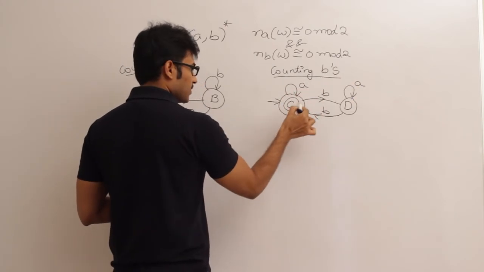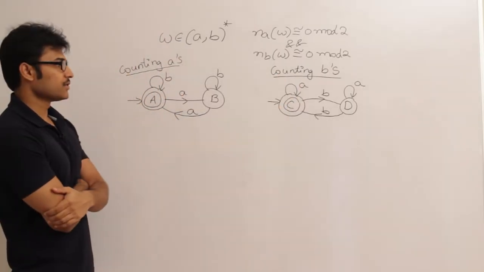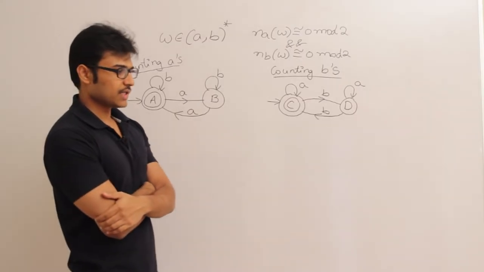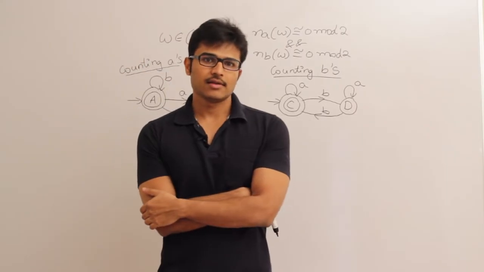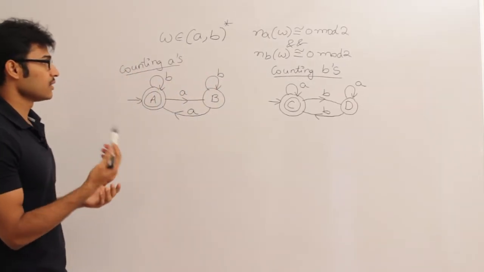The even number of B's is state C. Now I want to combine these two using a method called cross product. First I am going to discuss this cross product method, and then I will change the problem and do it in another way.